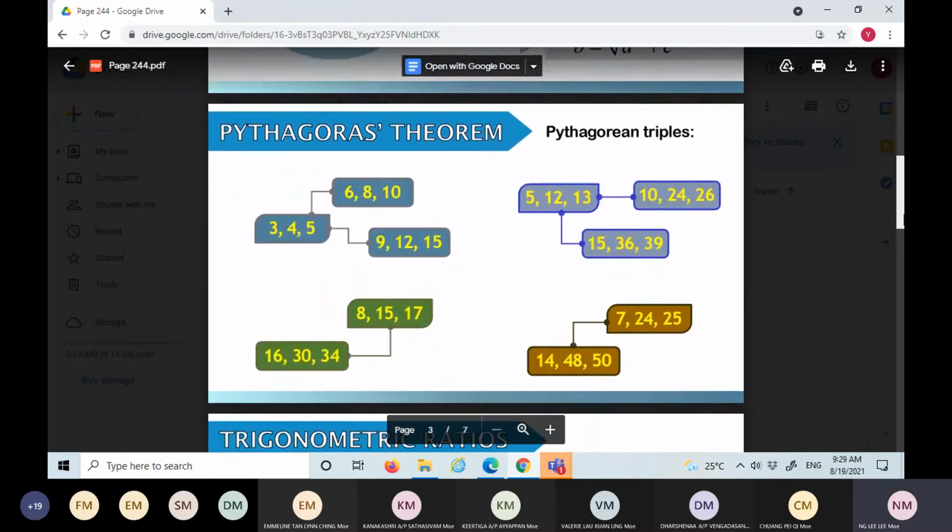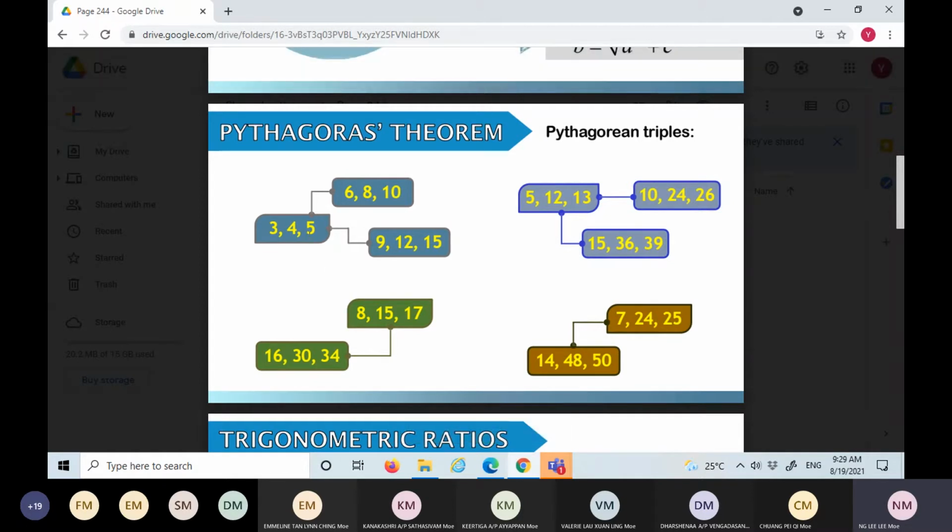Then under the Pythagoras theorem, you have Pythagorean triples. This one you can actually memorize. We have 3, 4, 5 as the basic one, and then multiples of it.